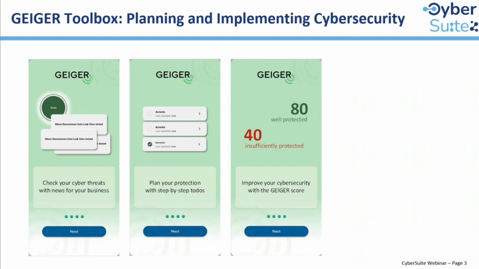The results from checking your organization against cyber threats and from implementing your cybersecurity step by step lead to a score that you can use to self-assess: am I well protected, or am I insufficiently protected and at risk, and should I undertake more actions in order to improve my cybersecurity?